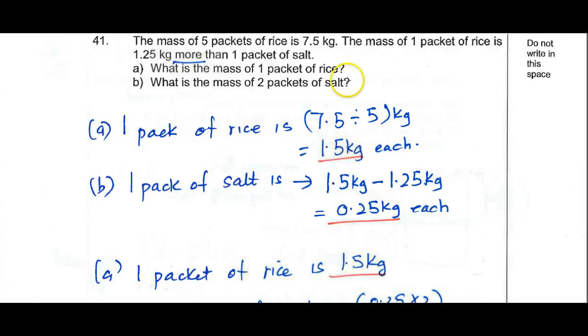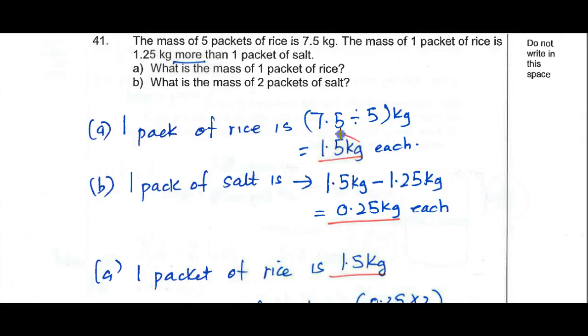Now, what is the weight of 2 packets of salt? First, you settle this thing first. Okay, find out 1 packet of salt. How heavy is 1 packet of salt? You take the weight of 1 packet of rice. Okay, now I got to draw this for you to see.